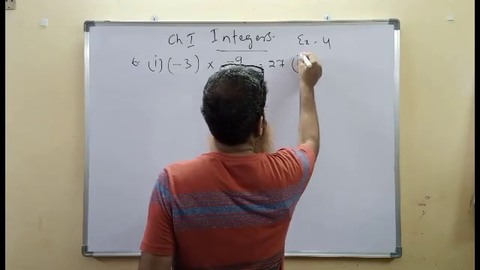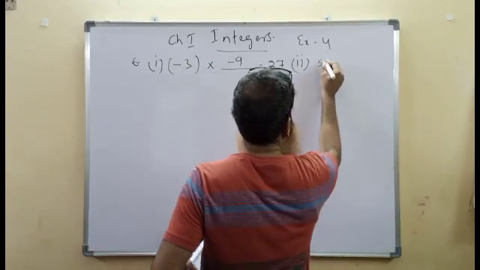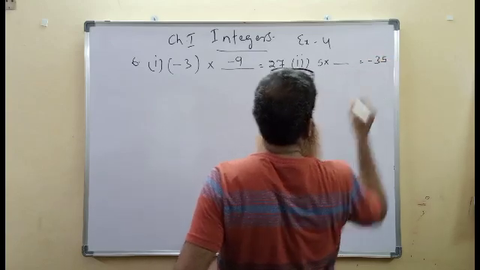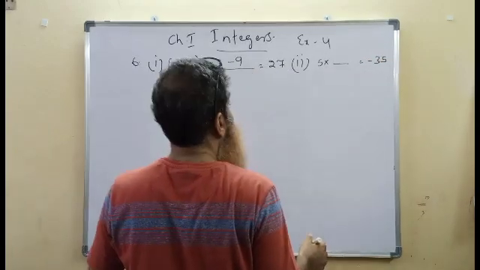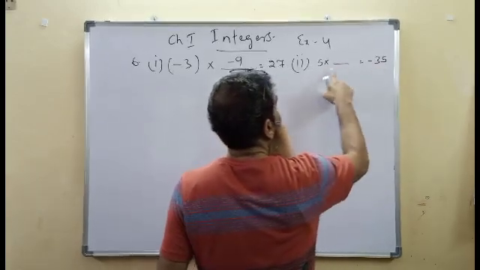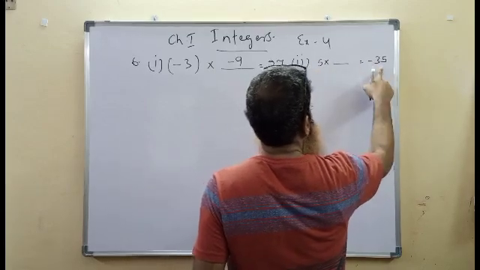The second bit: 5 into dash is equal to -35. 5 how many times is 35? 5 sevens are 35, 35 divided by 5 is 7.